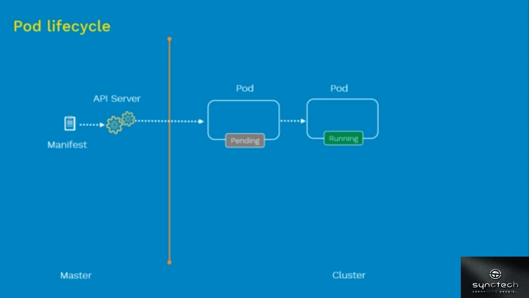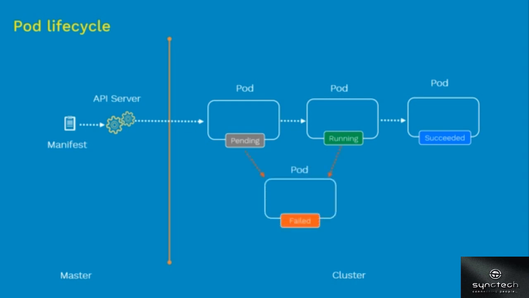In the running state, if the main purpose of the pod is achieved, then it gets shut down and the state changes to succeeded. And there is one more stage, where the pod gets into the failed state. That happens when the pod is in pending state and, for some reason, it won't get started; the pod will move into the failed state.